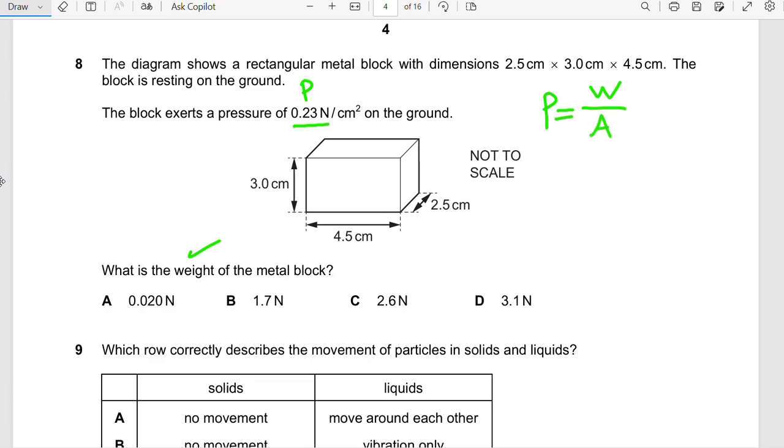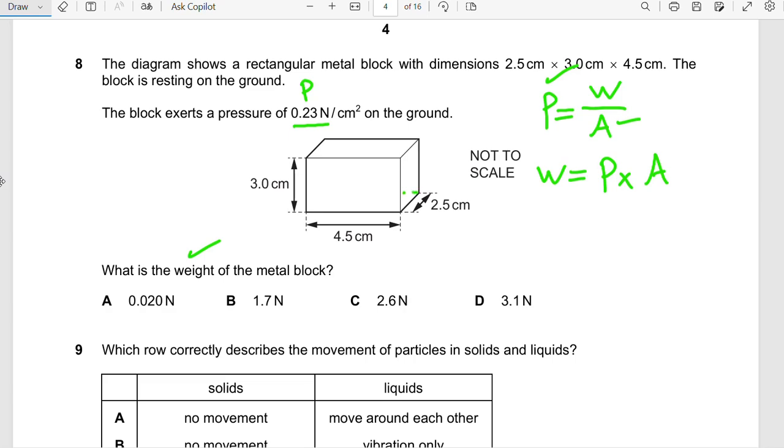What do they want? They want the weight. I have the pressure and I can find the area. So I adjust this formula. Weight equals pressure multiplied by area. So which area is that? The area is the side of the block that it is resting on.